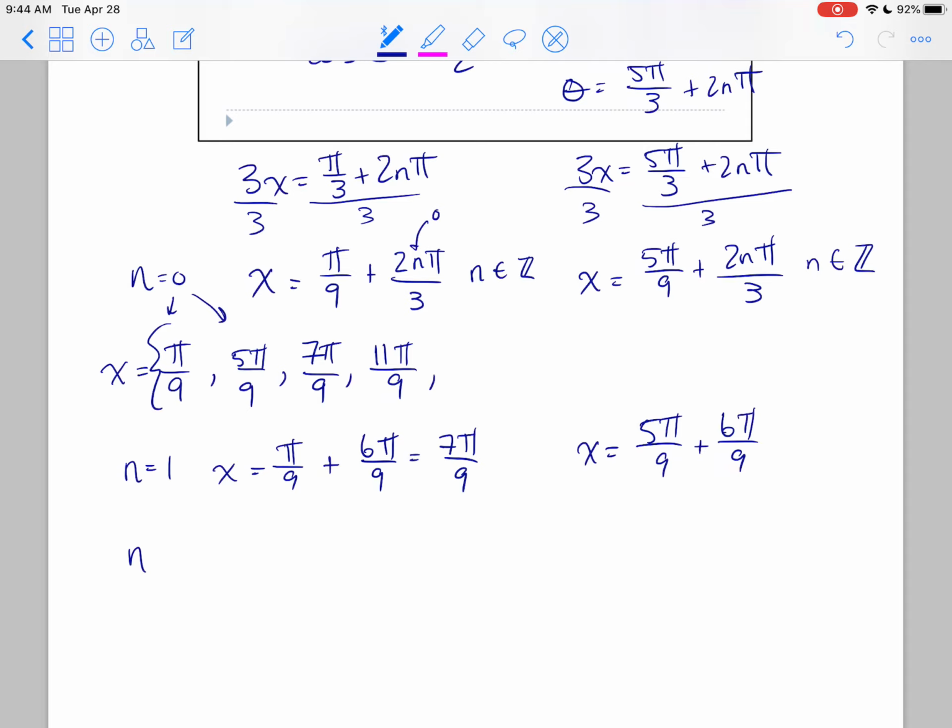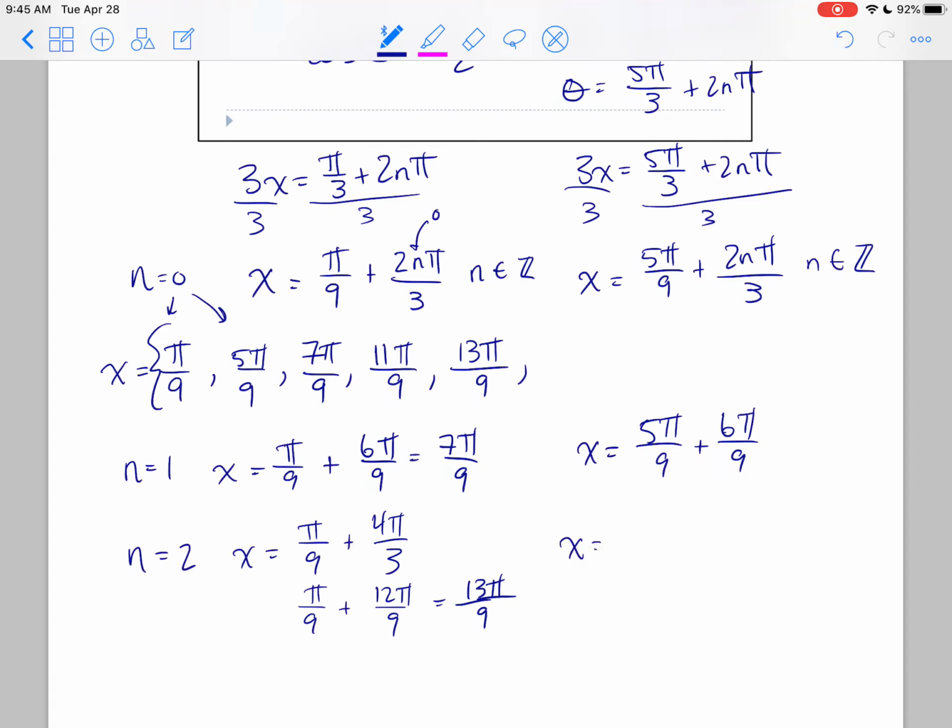We tried -1, it didn't work. So n equals 2. x equals pi over 9 plus 4 pi over 3. 4 pi over 3 is better known as 12 pi over 9. 12 pi over 9 plus pi over 9 is 13 pi over 9, which is still less than 2 pi.